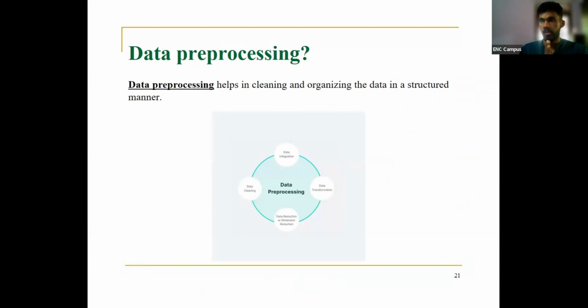After collecting the data, we have data pre-processing. Data pre-processing means we process it before analyzing it, right? Data pre-processing helps in cleaning and organizing data in a structured manner.